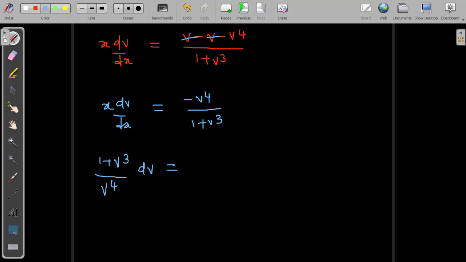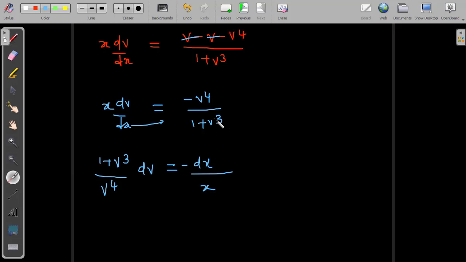Again, dx goes to the right side in the numerator, and x comes down into the denominator. Be careful with this arrangement. We forgot about the minus here; either you can keep it on the right side or the left side, it doesn't matter.